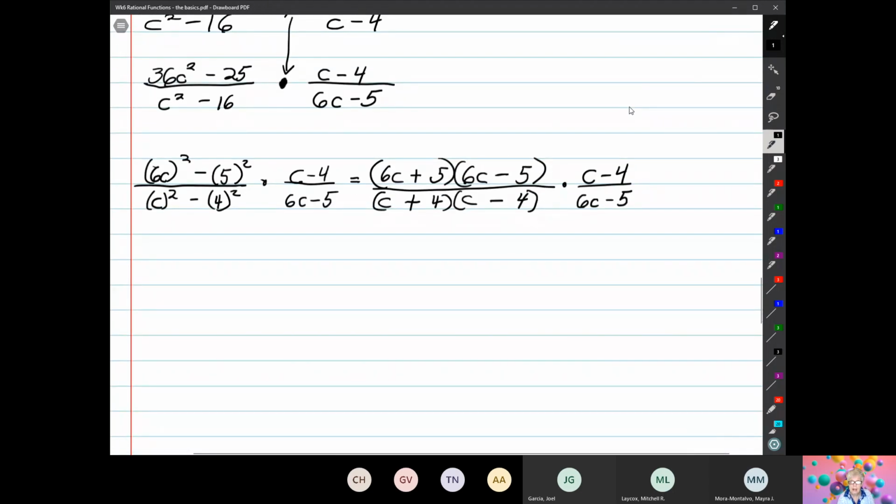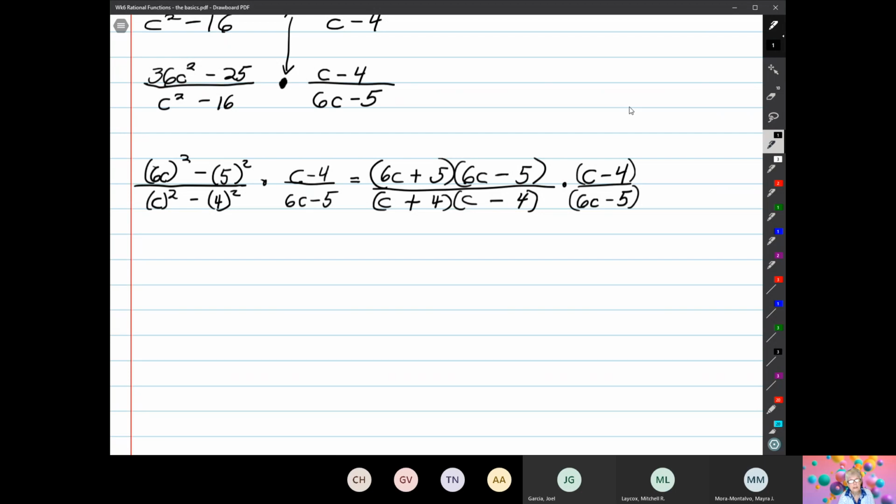Okay. Now, these fraction bars act like parentheses and group things together. But just to make canceling easier, you can put the parentheses around the two terms here and the two terms here.